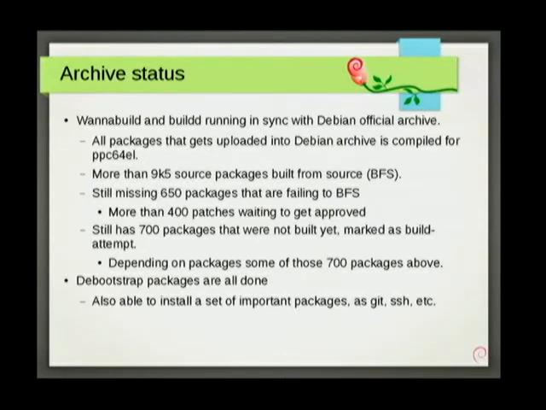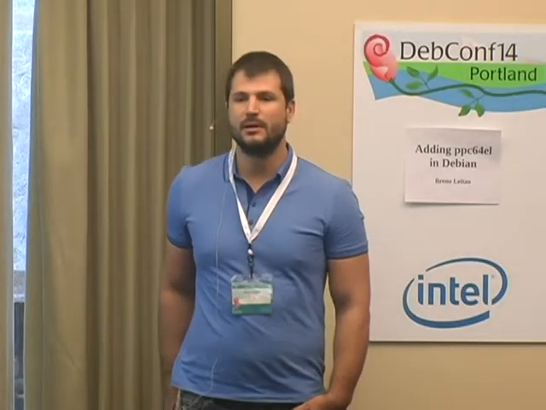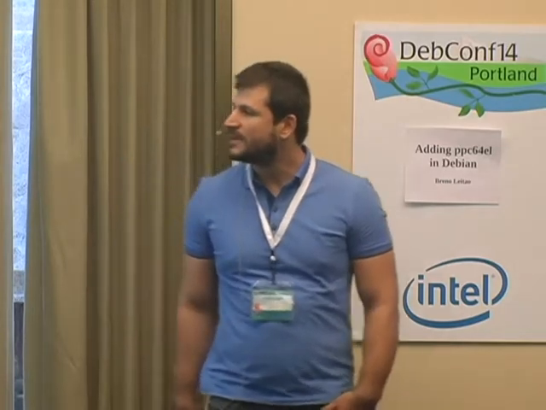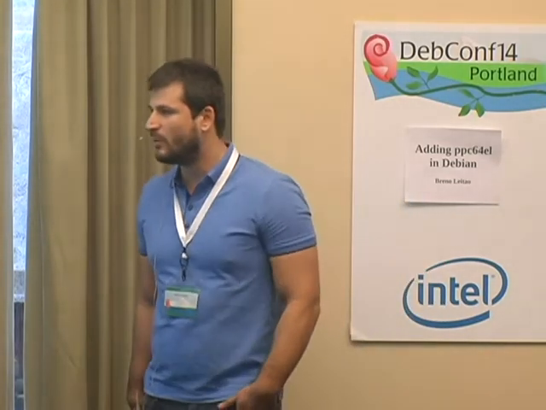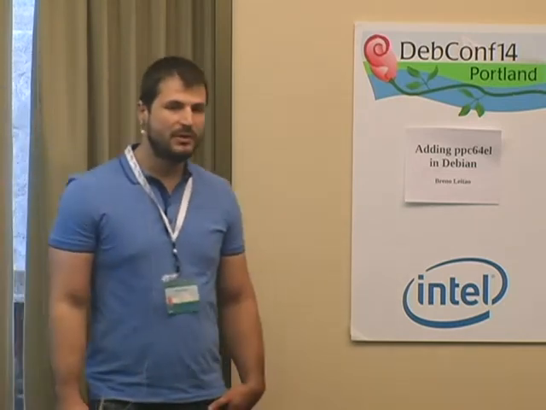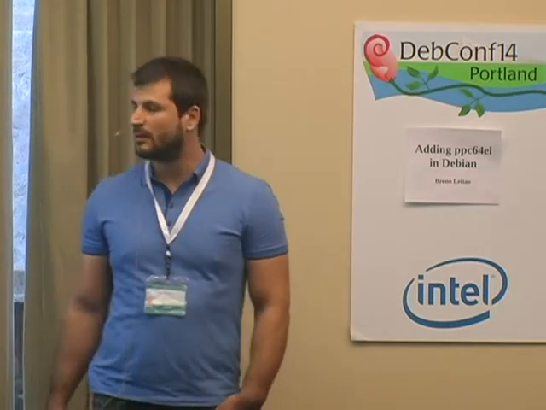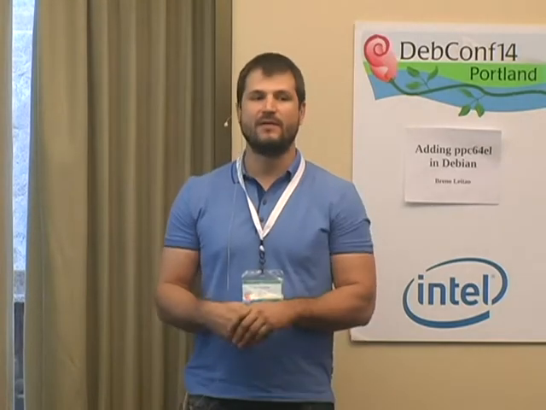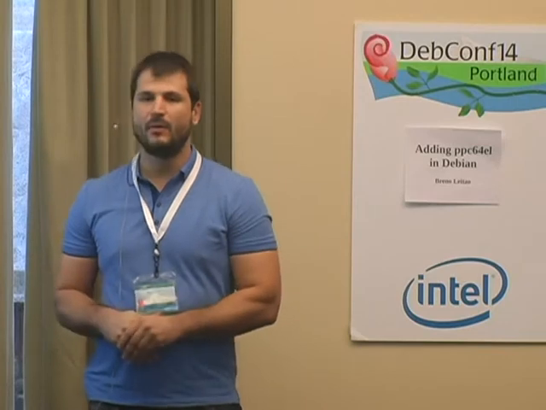From those, we have more than 400 patches that we sent, and we are still waiting for them to be accepted on the BTS. So we are still counting on maintainers to accept those patches in order to be able to increase the build coverage. And as well, we still have 700 packages that we didn't build yet because we are depending on some packages that we don't have, for example GCL and Atlas and some others.